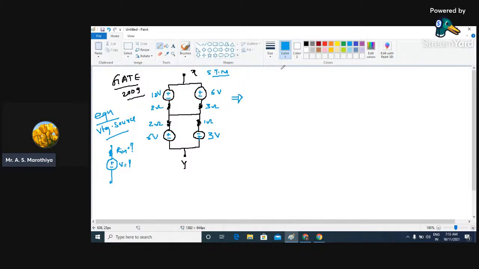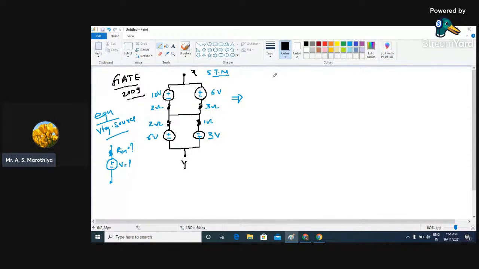So how to solve this numerical? Again, as I told you, whenever we need to solve circuits, it is easy when we have current sources connected in a parallel configuration, because it is very easy to find their resultant. In the same way, if we have more than one active source, and all the active sources are connected in series configuration, it is very easy to find their equivalent using the voltage technique.